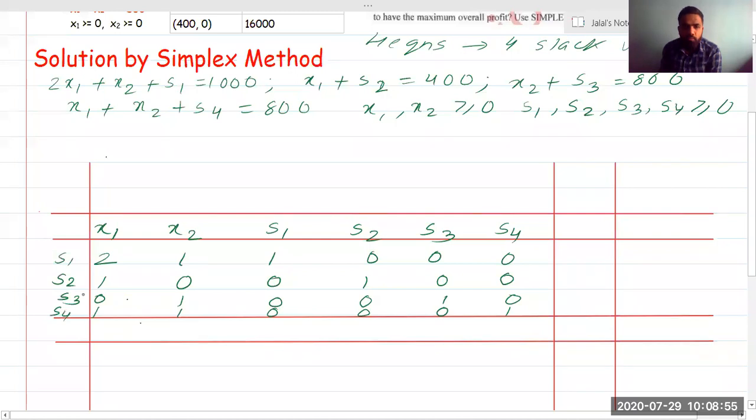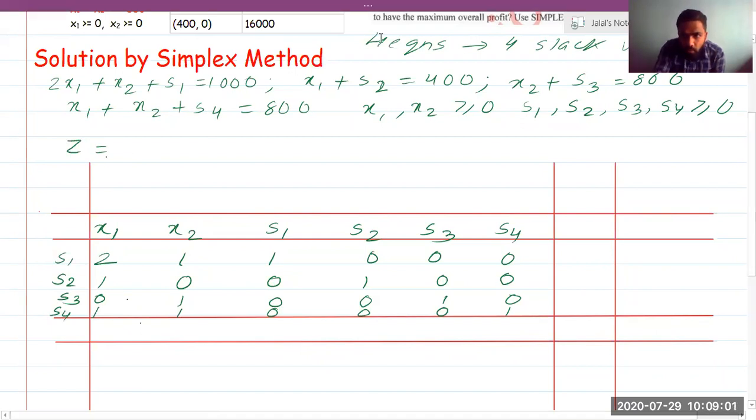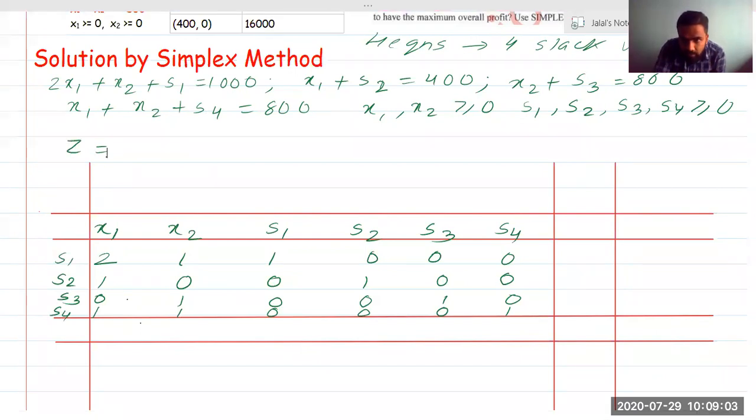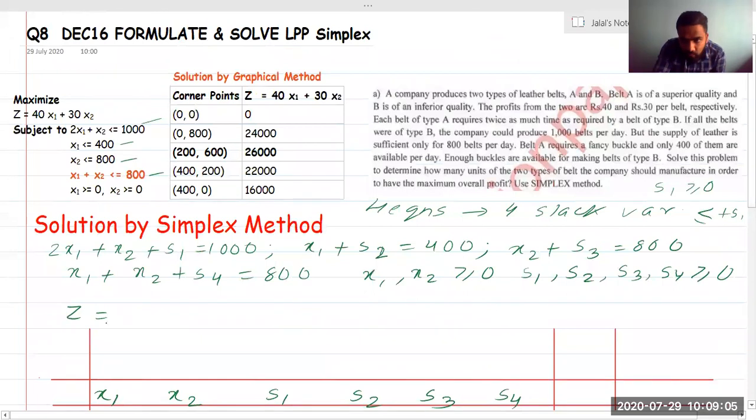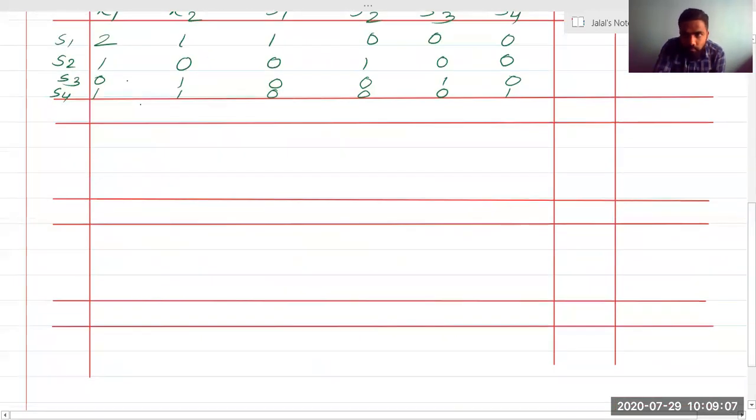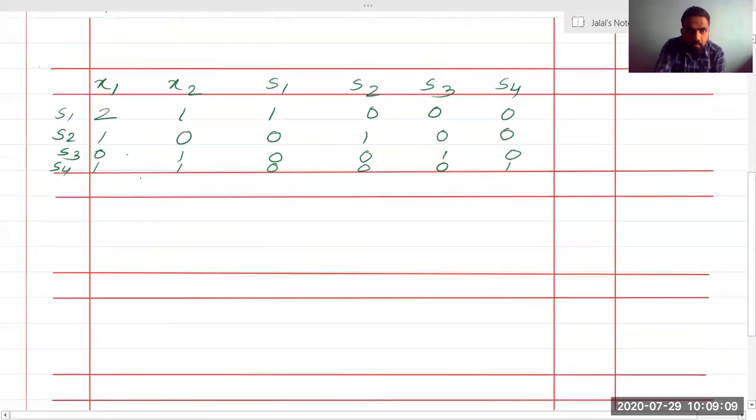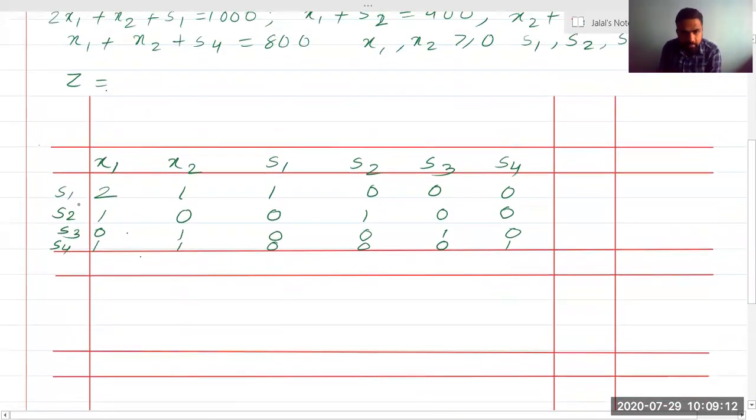What are the values of s1, s2, s3 and s4 in z? For that we have to write z once again. What was my z? Z was 40x1 plus 30x2. I'll write z here. 40x1 is already there, plus 30x2.